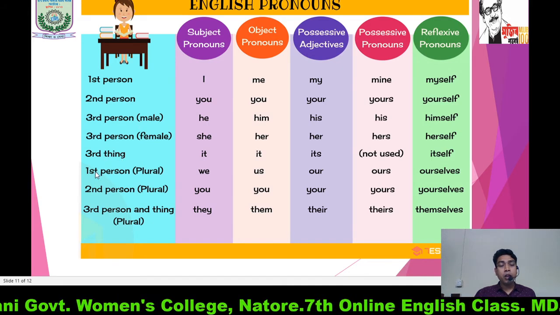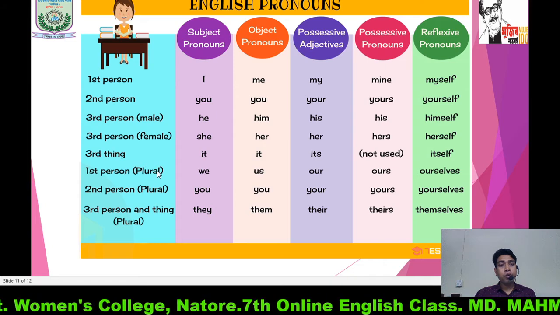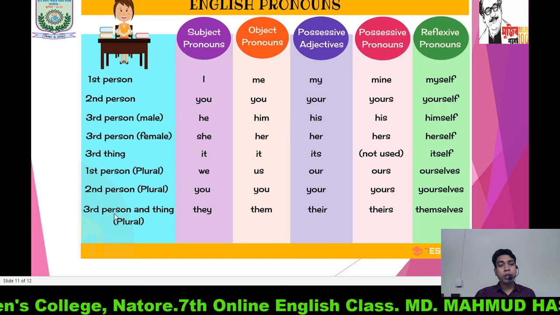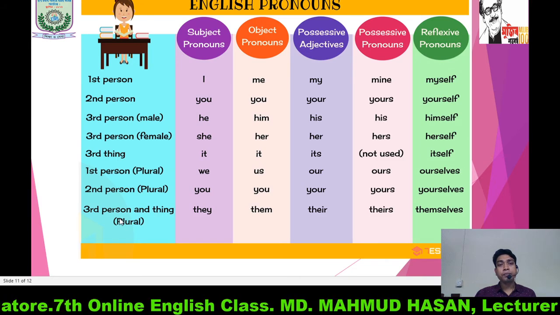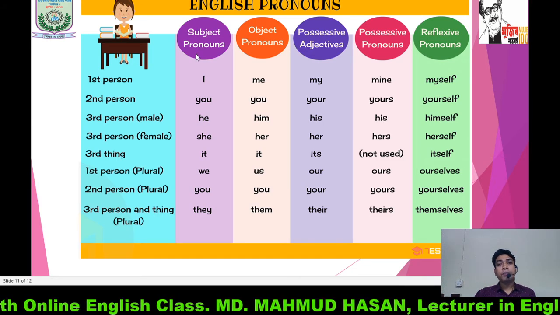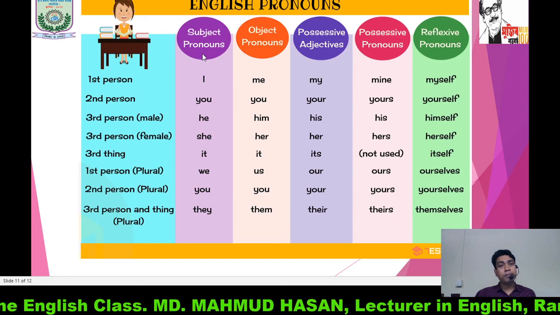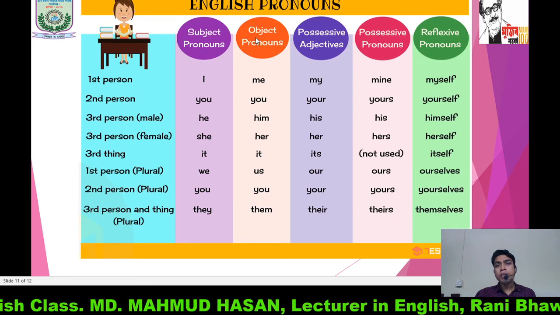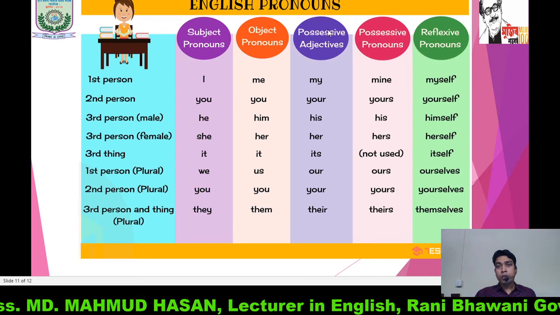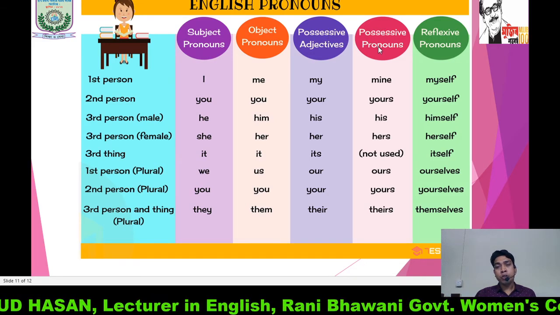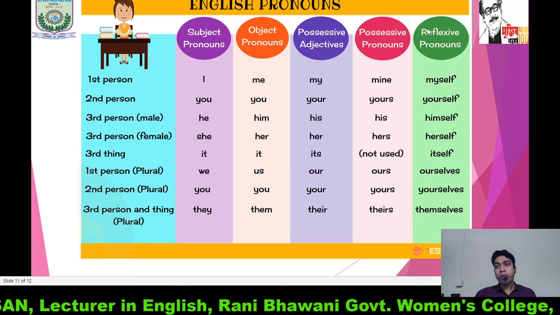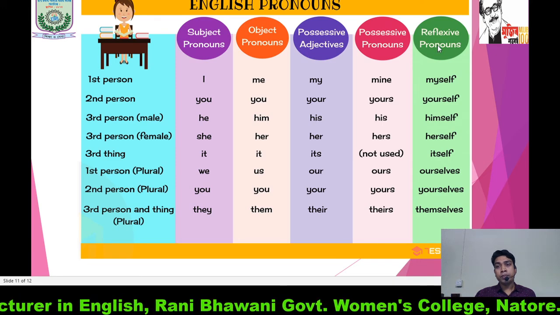First person plural, second person plural, third person and thing plural. Here we have subject pronoun or subjective case, object pronouns, possessive adjectives, possessive pronouns, reflexive pronouns.